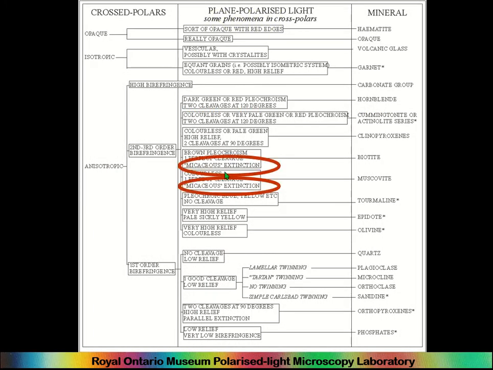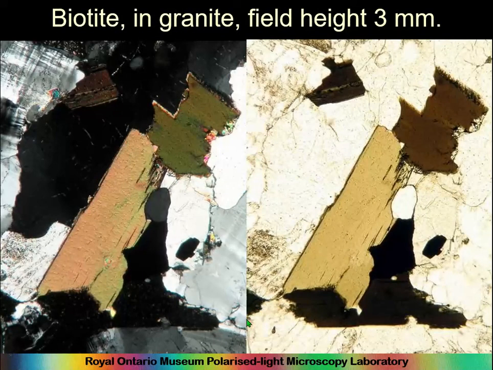So then we have types of extinction. The micas have what we call micaceous extinction. Orthopyroxenes have what we call parallel extinction. So here we have biotite, and if you look here, it's sort of splotchy, you see. It's flickering like stars or something.